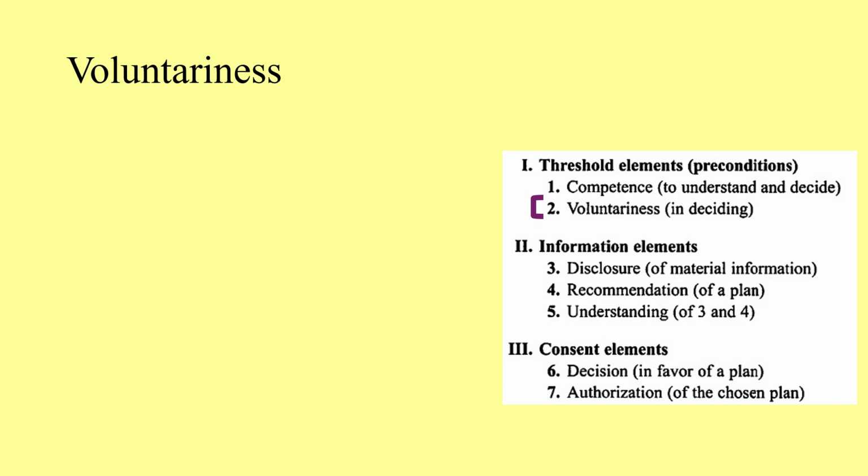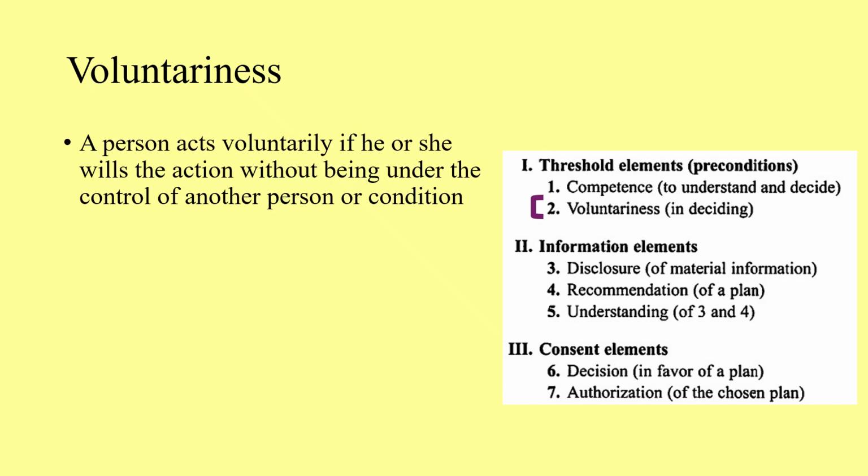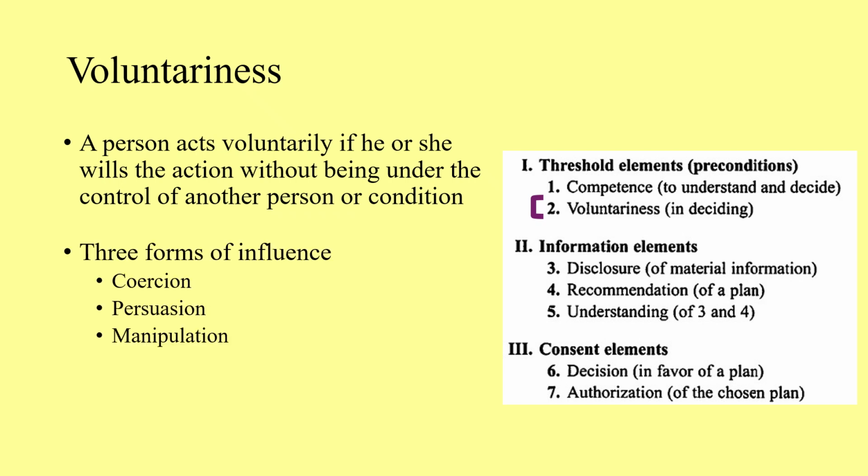So this idea of voluntariness is about being able to make an election free of control of another person or some other controlling condition. And Beauchamp and Childress say that there are three different forms of influence that can limit voluntariness. So there's coercion, which occurs if and only if one person intentionally uses a credible or severe threat of harm or force to control another person.